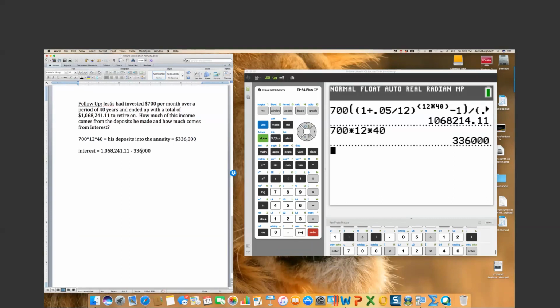Let's see what that would be on our calculator. That would be $1,068,241.11. Don't want to forget that.